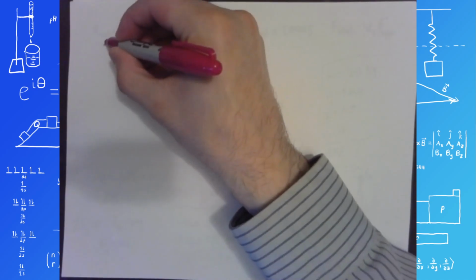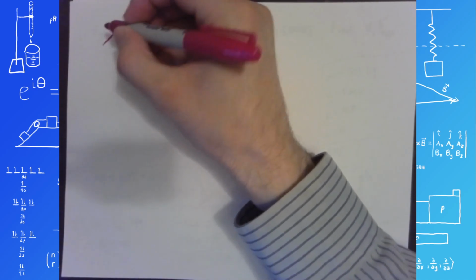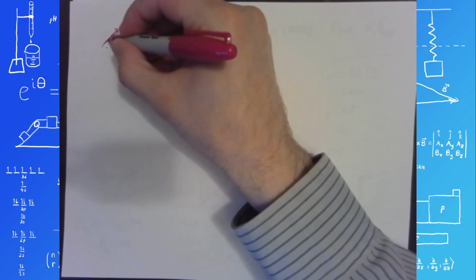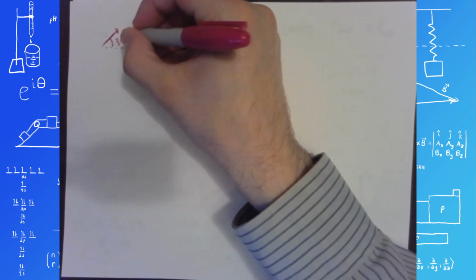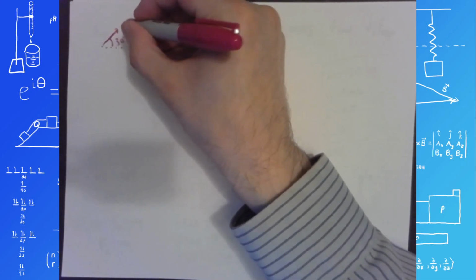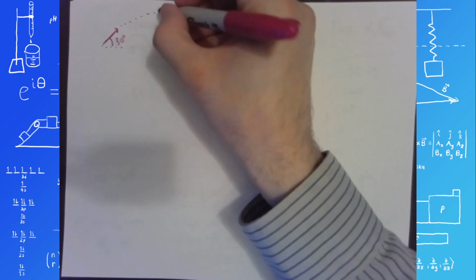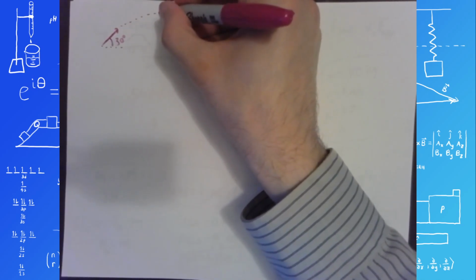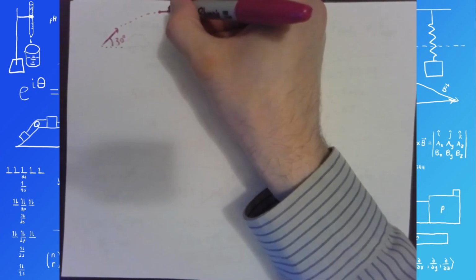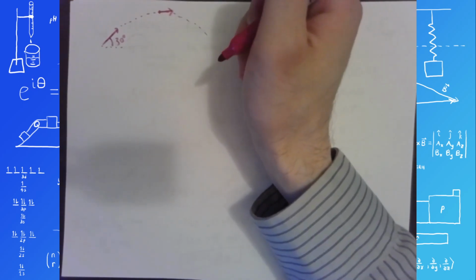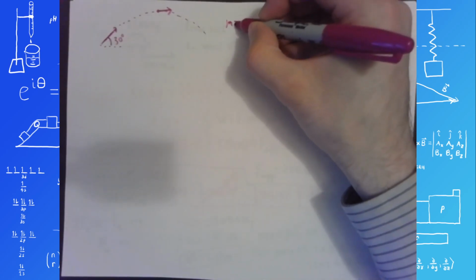So, object thrown at a 30-degree angle. When it's at the peak, it's still moving horizontally, if not vertically. So they said the mass was 0.15 kilograms.